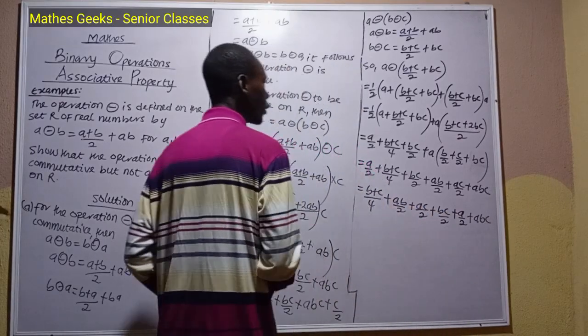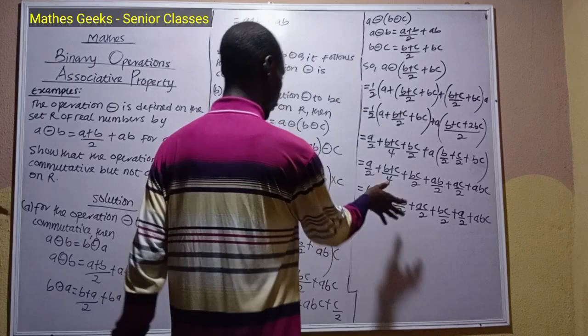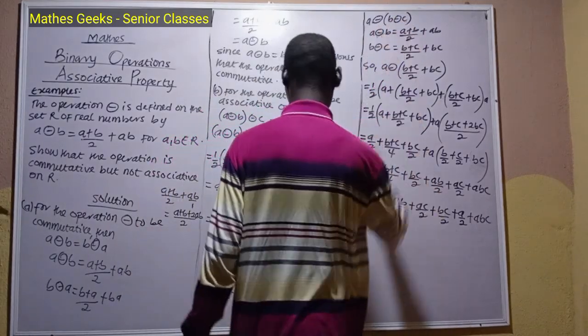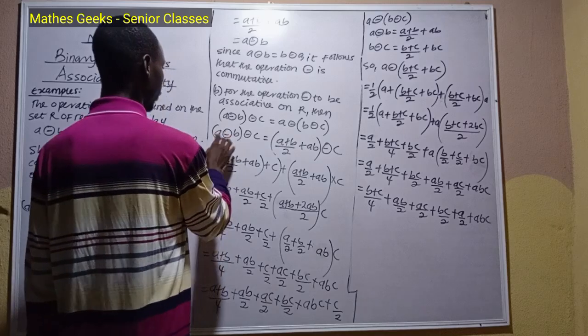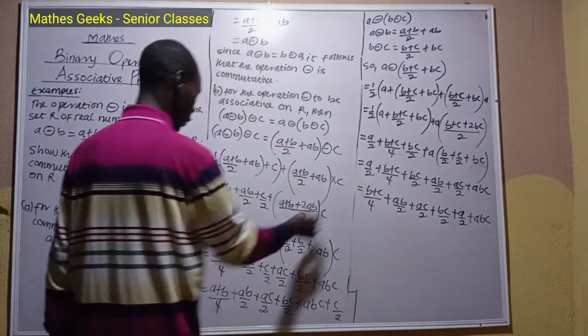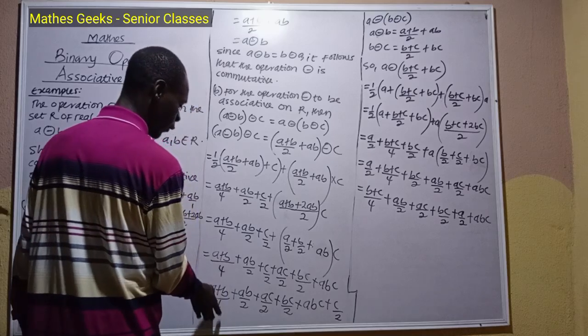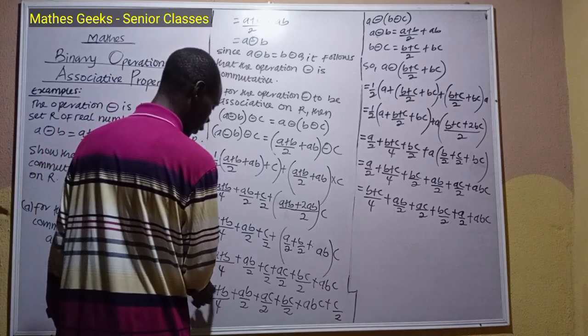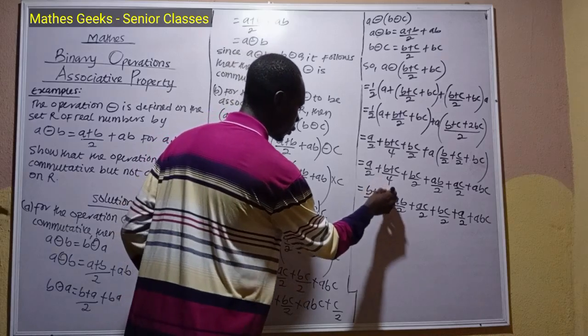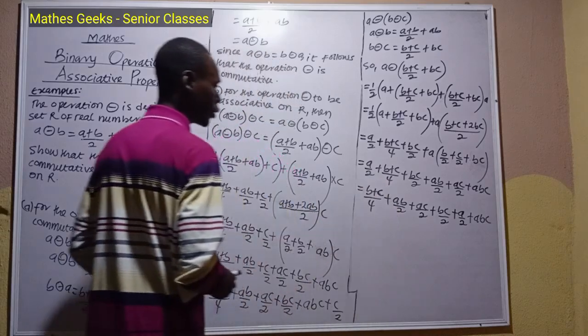I have 6 terms. But let's compare the result of A operation B operation C to the result of A operation B operation C. So from here, B plus C over 4, A plus B over 4, they are not the same. Here is A plus B and here is B plus C. So this part alone shows that they are not equal.